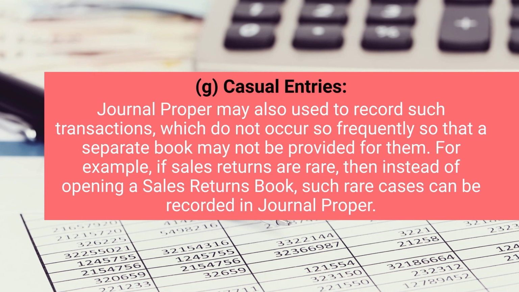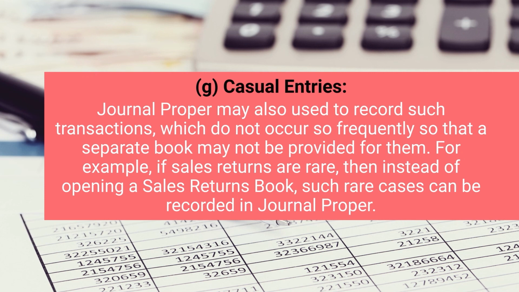So this was all about the transactions which are generally recorded in the journal proper, because these transactions do not find a proper place in the subsidiary books which have been discussed. As I have mentioned, there are 8 subsidiary books like purchase book, purchase returns book, sales book, sales returns book, bills payable book, bills receivable book, and then journal proper.